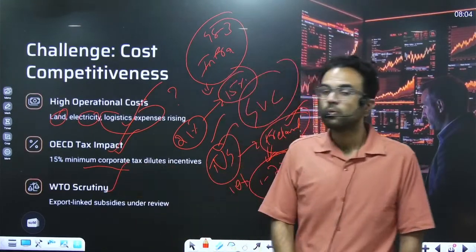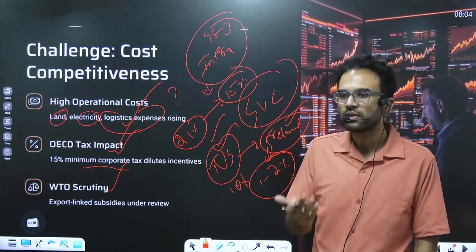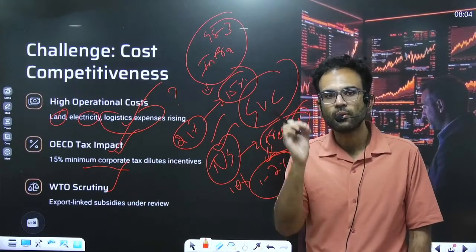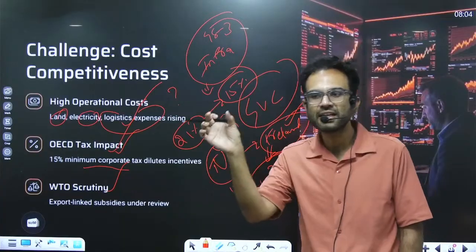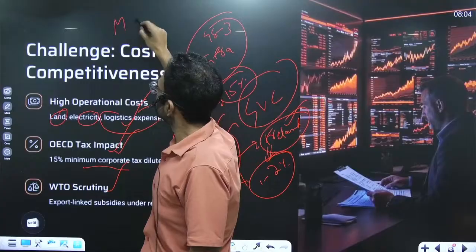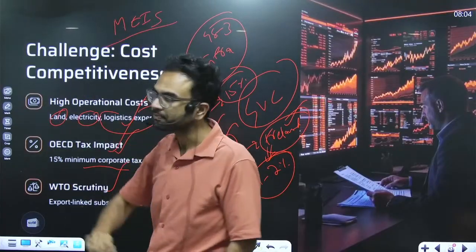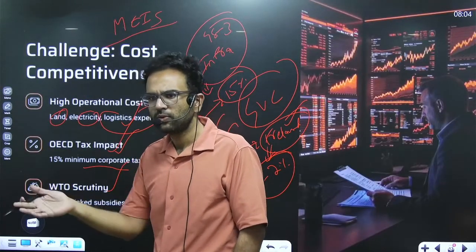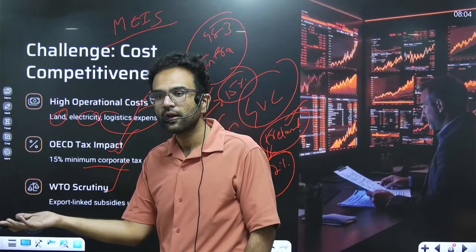Next up, World Trade Organization scrutiny. We have discussed that exports will be having some incentives in our country. Previously, we have had a scheme called MEIS. I asked you guys to go back and check this.